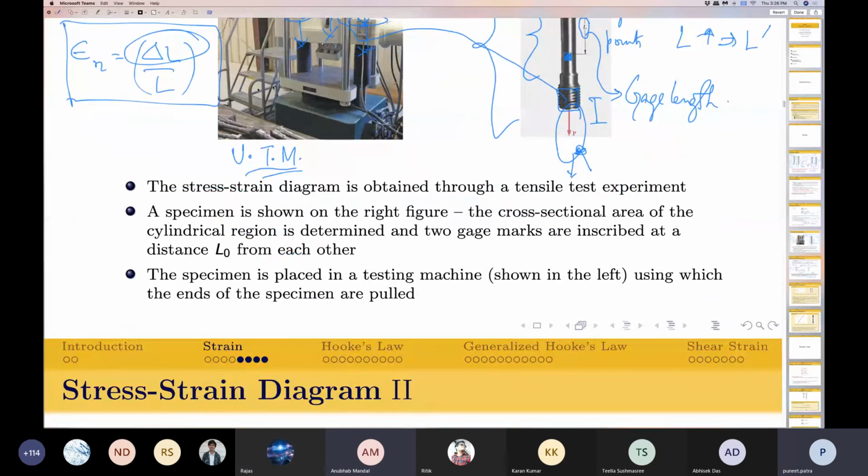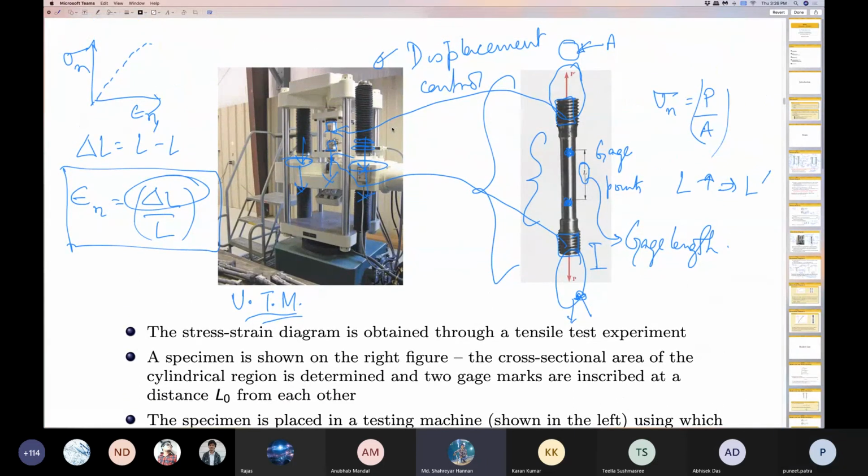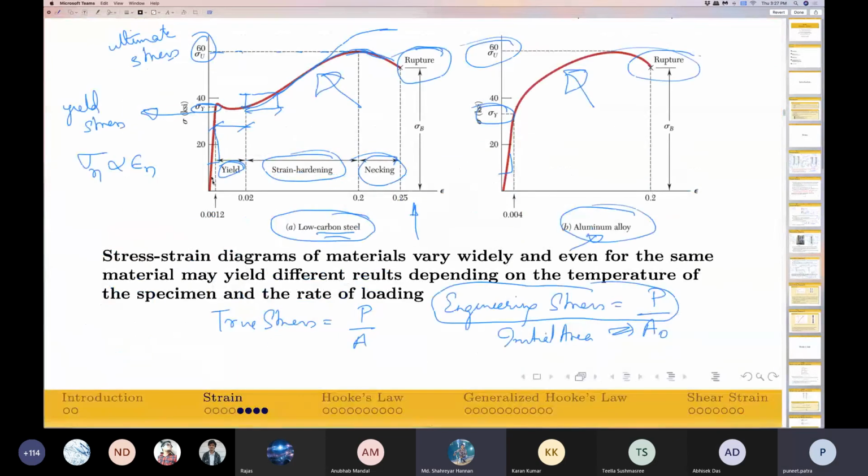Sir, although we take constant area in engineering stress, we are also gradually increasing the force P, then stress should increase, sir. Stress is P by A. Yes, stress is increasing in the necking region.